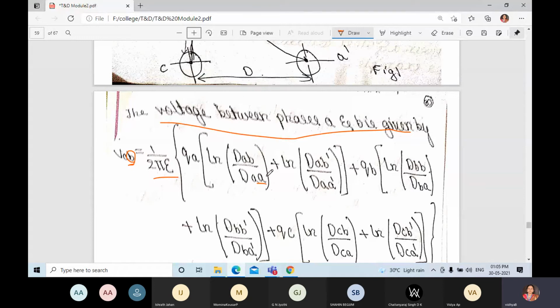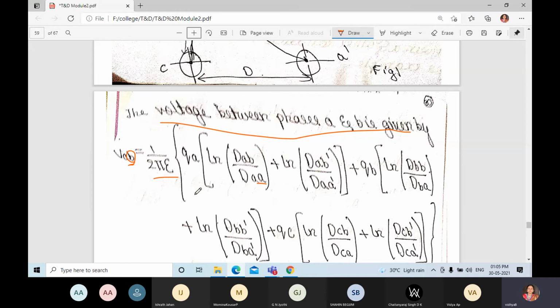That is, we are writing with respect to the A, B, C conductors.